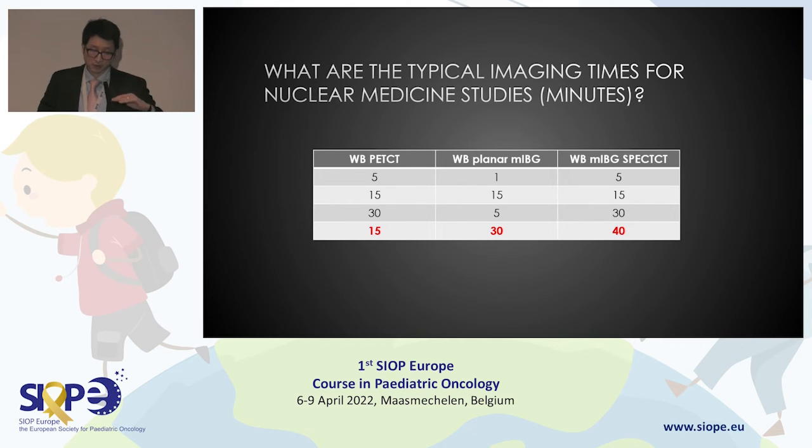For a teenager, if your center is trying to replace whole body planar MIBG with whole body SPECT CT, which gives you the 3D advantage, you may need 3 fields, and your scanning time would end up at around an hour or so. And of course, there's always the long answer to this.